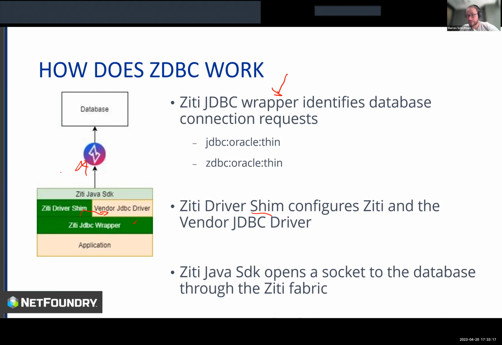So basically, long story short, we're going to open a Ziti socket to the other party, and the database is just using that Ziti socket to communicate in a secure way, in a basically easy way.